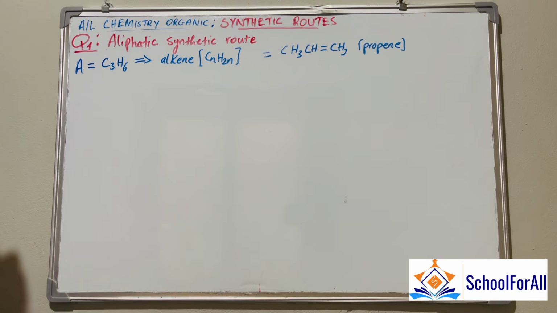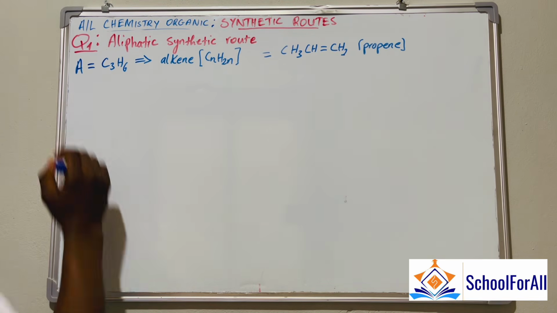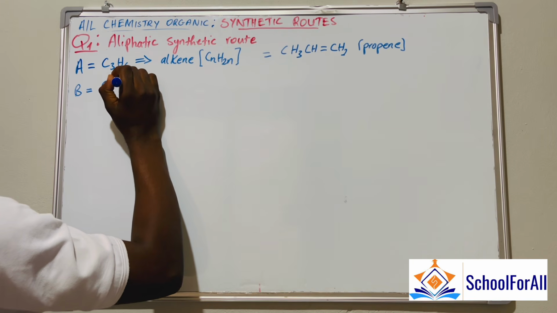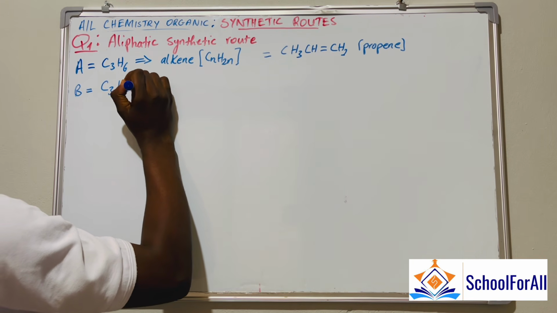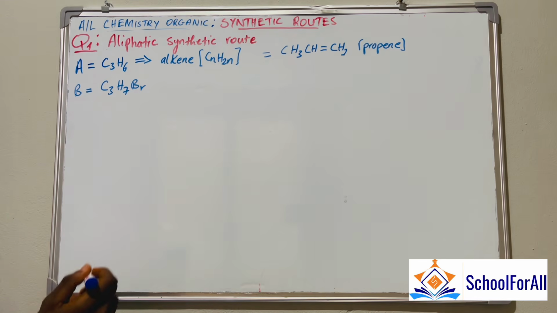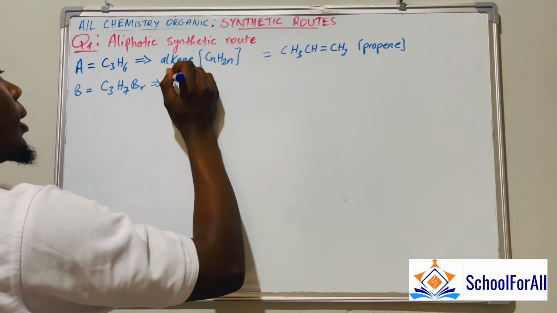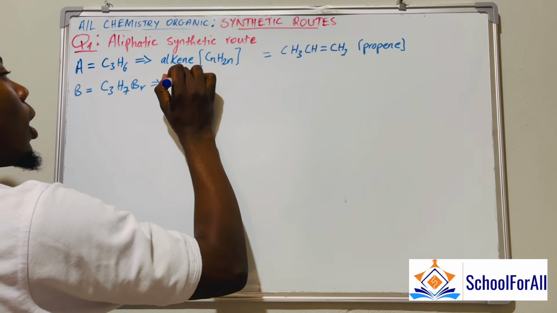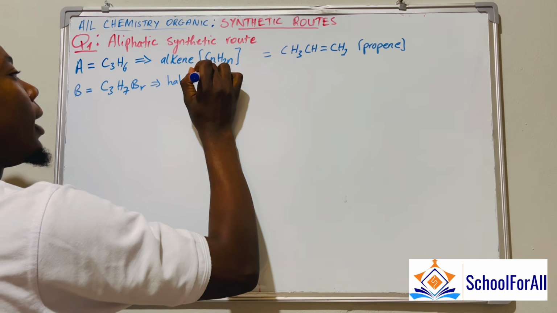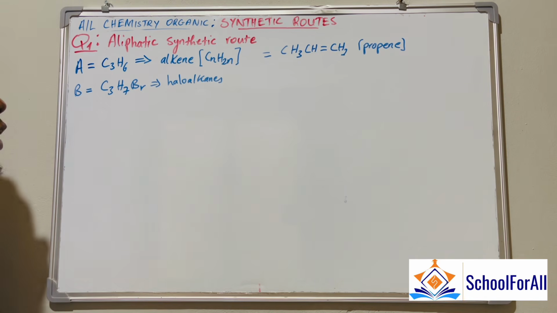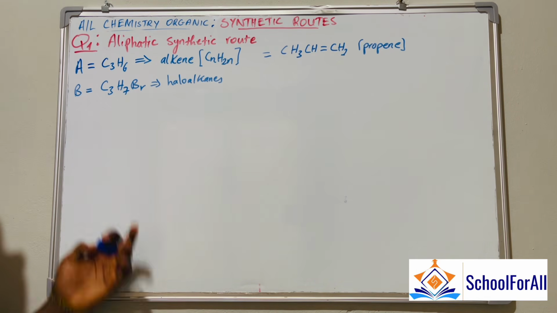Now for your compound B, you have the general formula C3H7Br. Whenever you see such a compound in which there is a halogen, you directly think about haloalkanes, where the number of hydrogens is more than the number of carbons times 2.